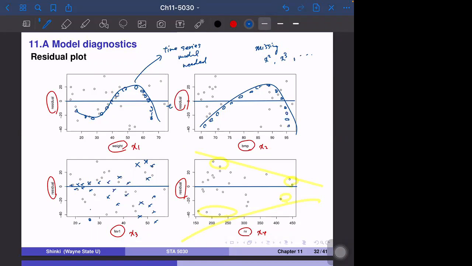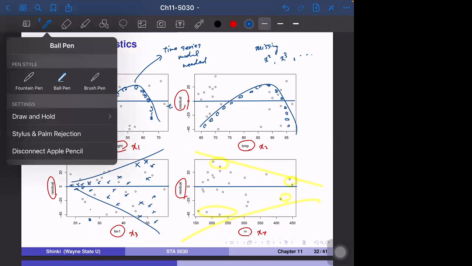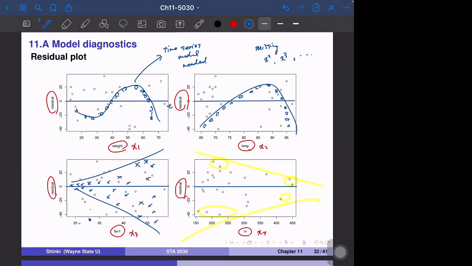And here, usually we need transformation, maybe large x, the larger error, so probably the log of y or log of x, we have to make a transformation. But here, our data shows almost perfect residual plots.